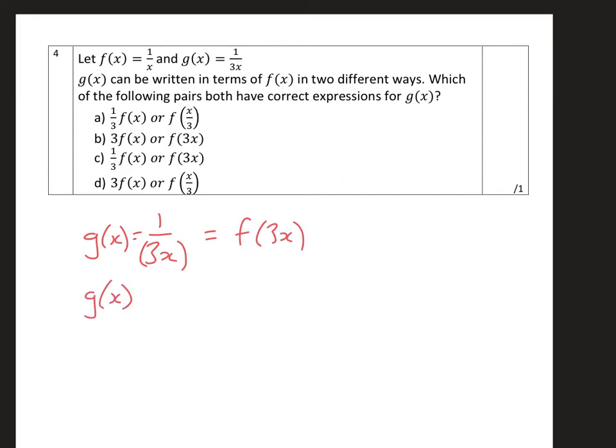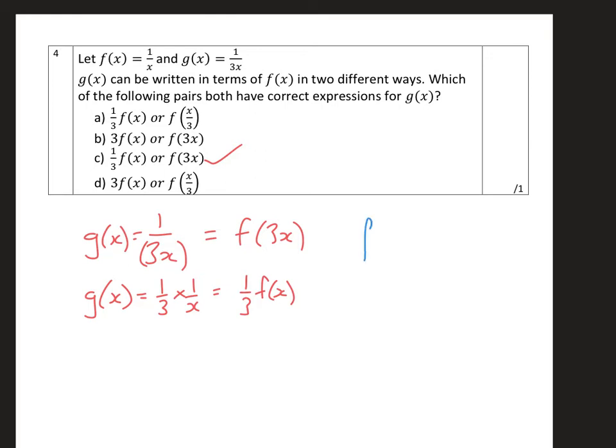Secondly, I can think of it as, well, 1 over 3x is the same as 1 over 3 times 1 over x, and 1 over x is the same as f of x. So I can think of it as the third f of x or f of 3x, so it's the same as c.